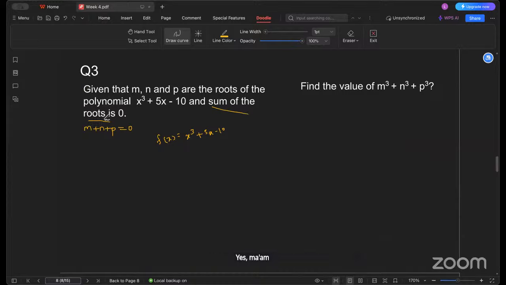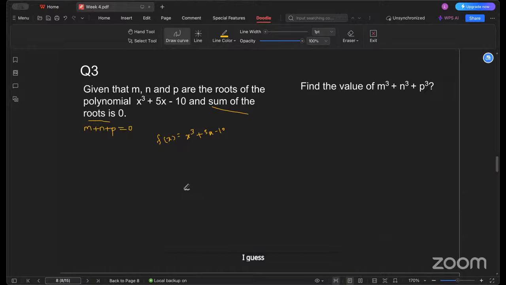Yes, ma'am. But S2, S3 are also there, no, ma'am? Yeah. So you are talking about the coefficient of x and the constant. Yes, ma'am. Constant. Okay. So what is the relationship you are talking about? I think it's alpha cube plus beta cube plus gamma cube equal to minus d by a.